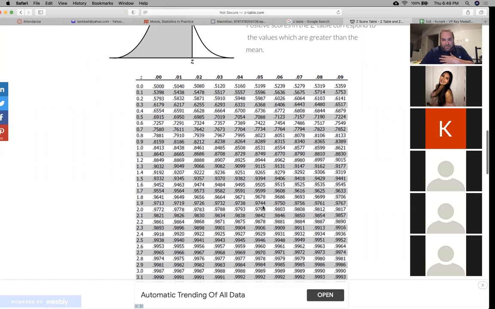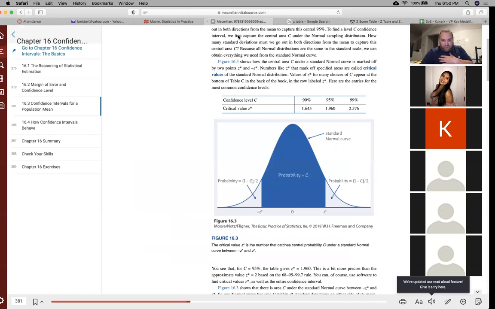And 0.9750 I see is the confluence of 1.9 and then the next digit 6, which is why the z star for 95% is 1.96. So it's a two-step process where you first recognize that we're looking for more than 95%. We're looking for 97.5%. And then you go to your table and you find that for 97.5%, we get 1.96.